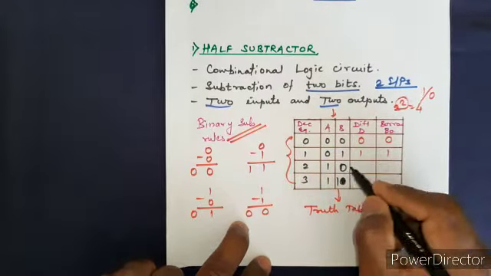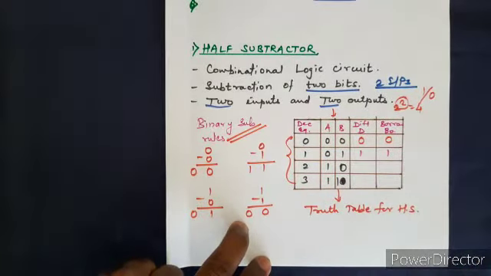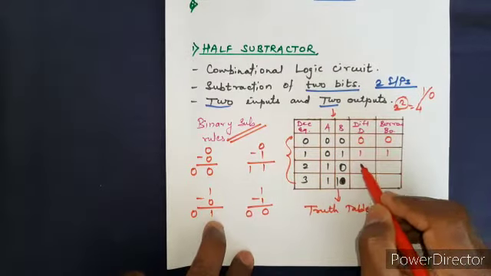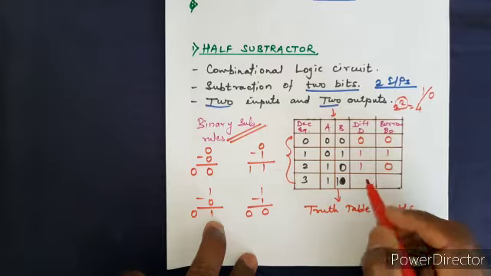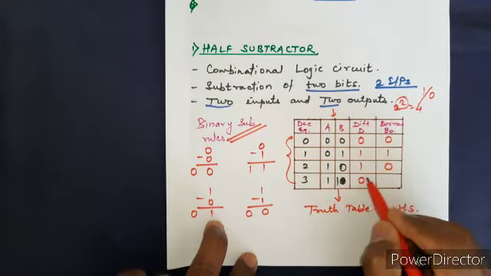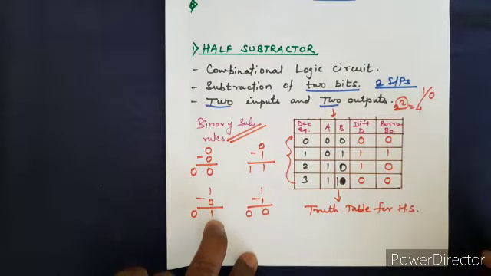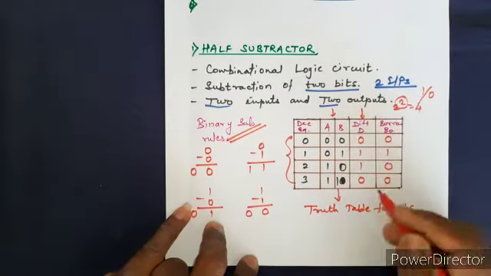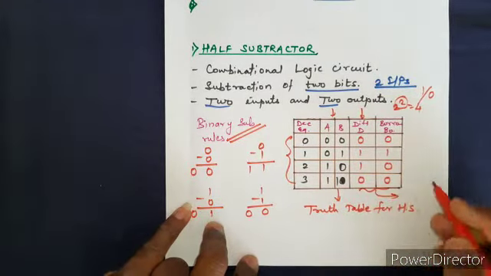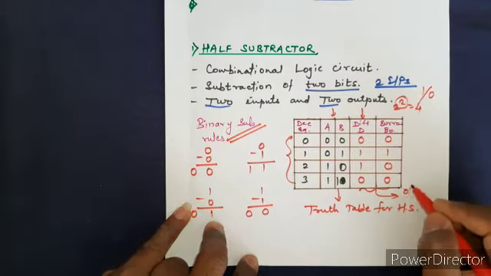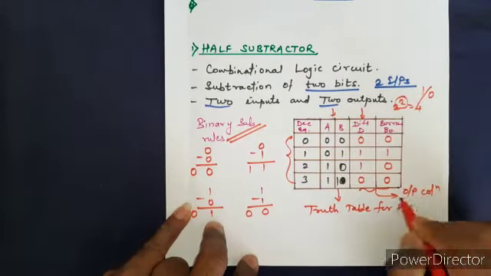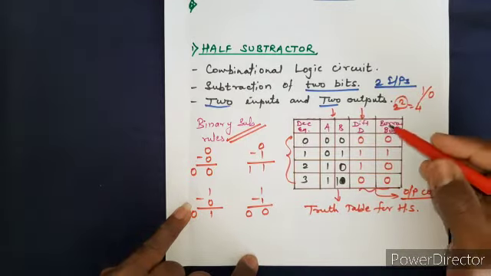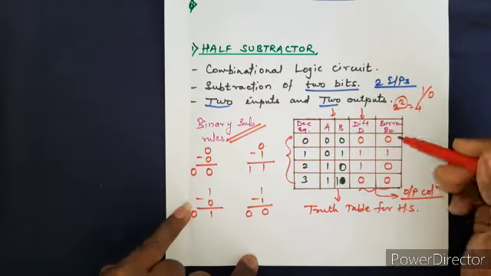So 1 minus 0: difference is 1, borrow is 0. 1 minus 1: difference is 0, borrow is also 0. So for the difference column, these two are the output columns. We need to design the circuit considering these two output columns.